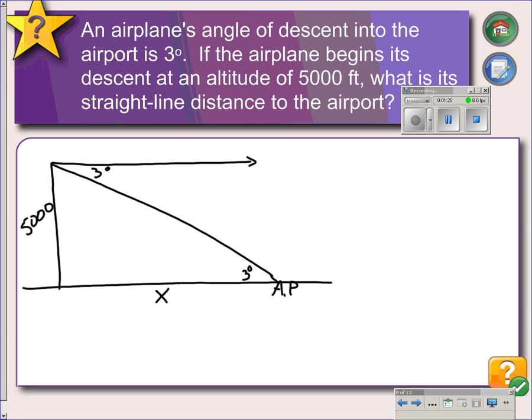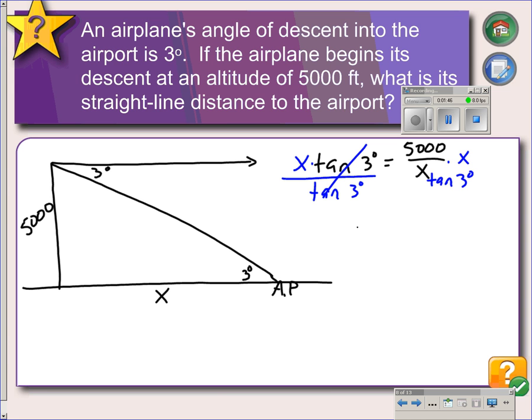We have the two legs of the triangle, which means we should be doing a tangent. So tangent of 3 degrees is going to equal 5,000 over x. Multiply both sides by x to get x out of the denominator, and then divide by the tangent of 3 degrees. That will solve for x.